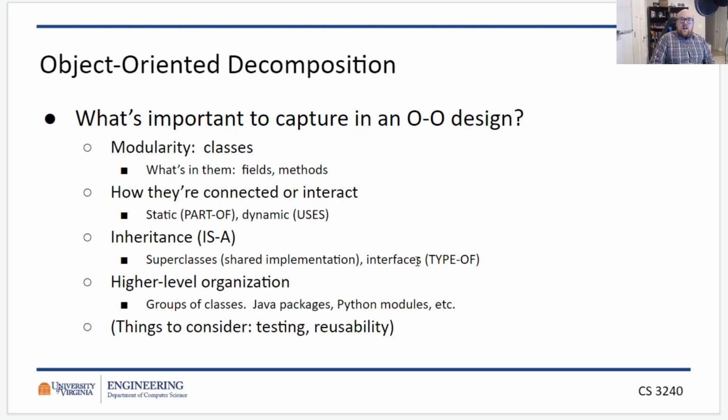But again, what's important here? Well, modularity is important. What is the class? Is the class cohesive? Does it adhere to really only one particular entity and its behaviors and state? So we determine that by looking at what the methods and the fields in a class are. We also talk about how the entities interact.